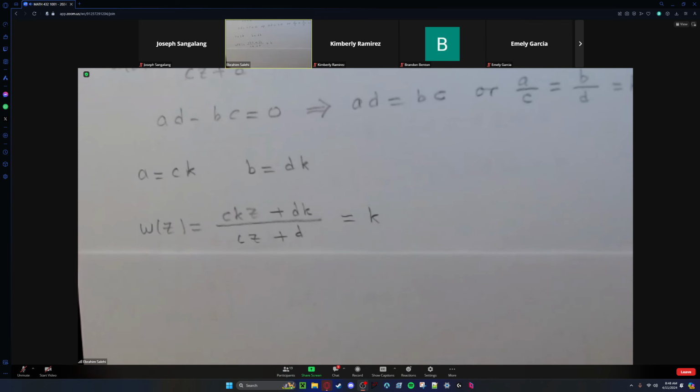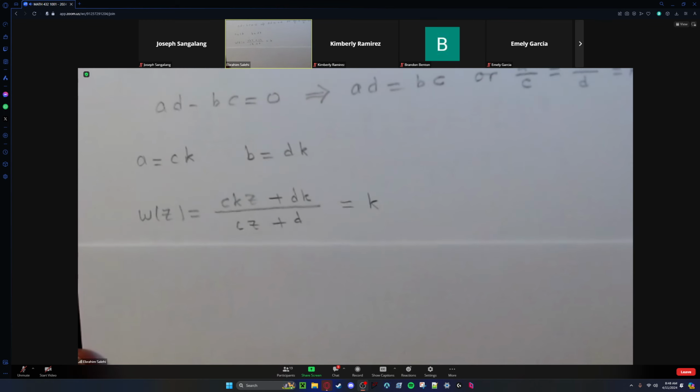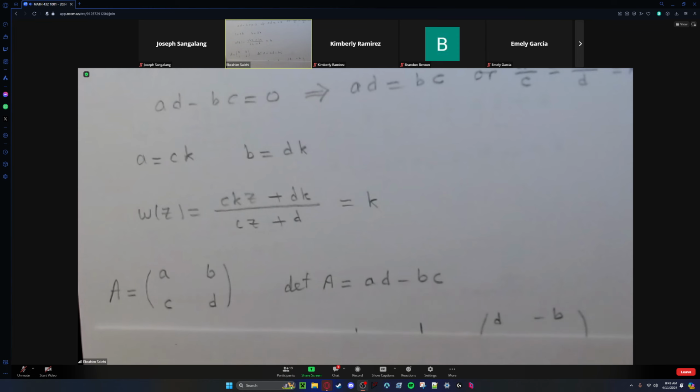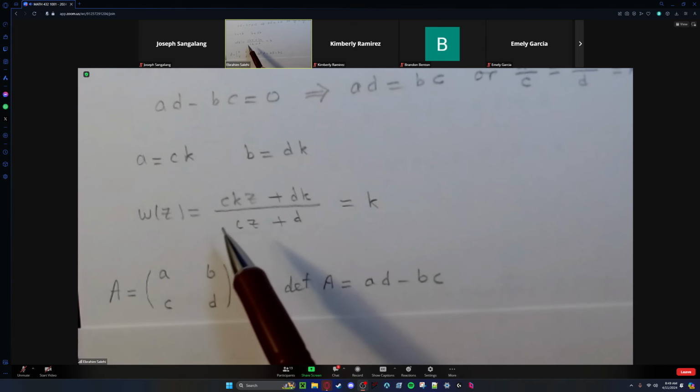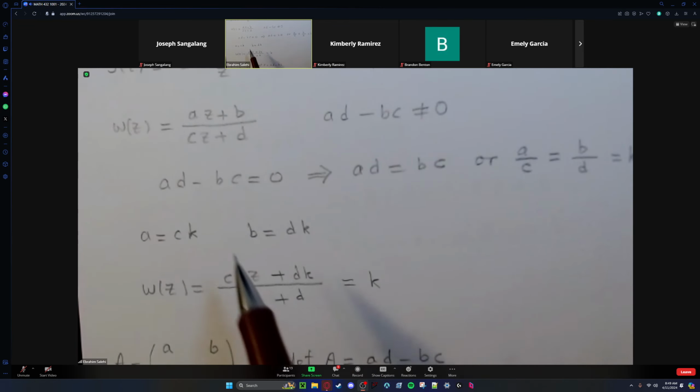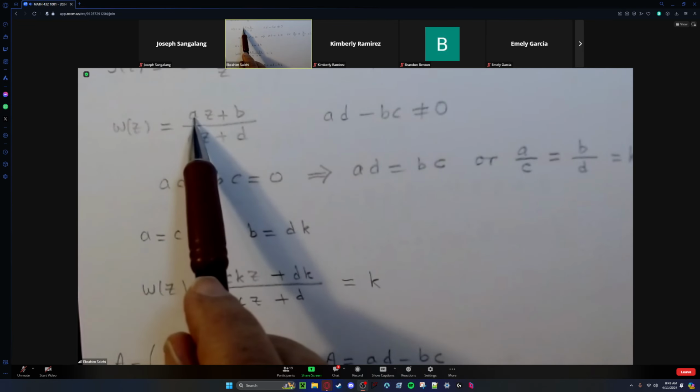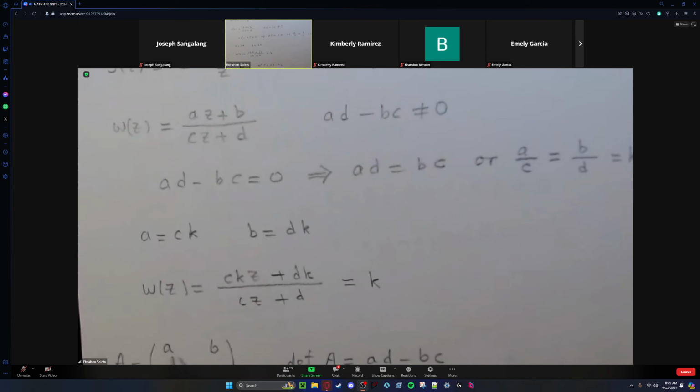As soon as it is zero, this fraction will be a constant. Well, this should remind you of 2 by 2 determinants. Here is a 2 by 2 determinant, where I'm just putting the coefficients in.